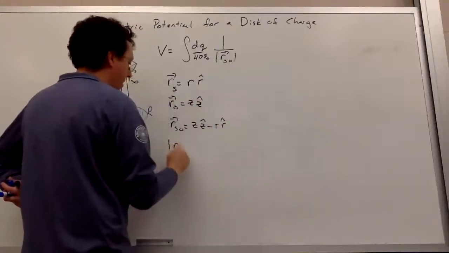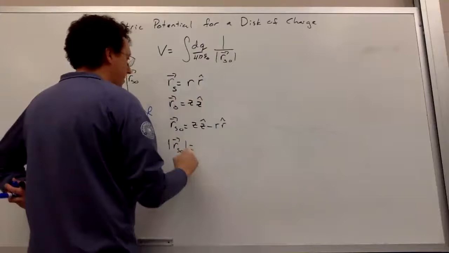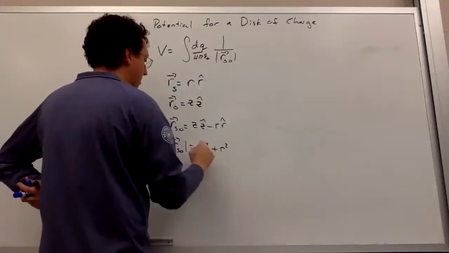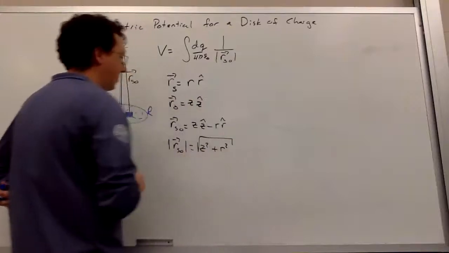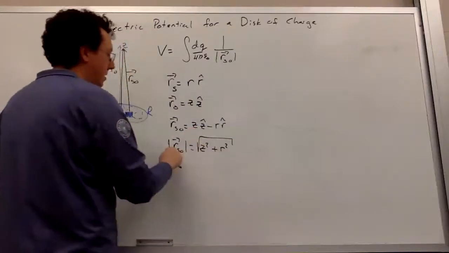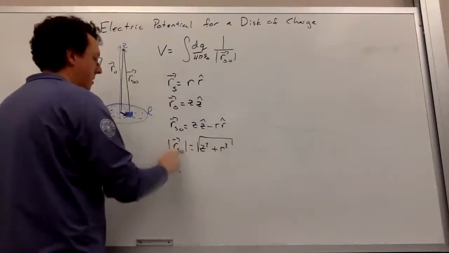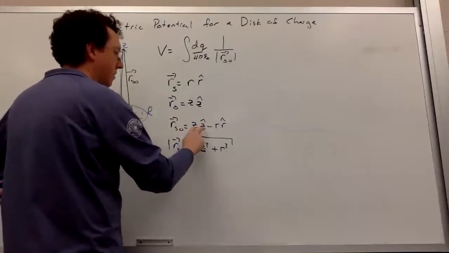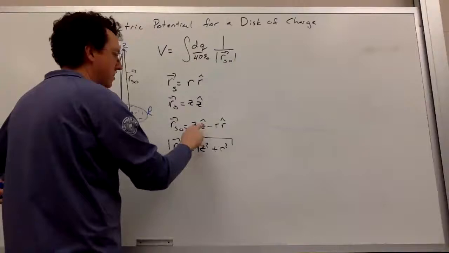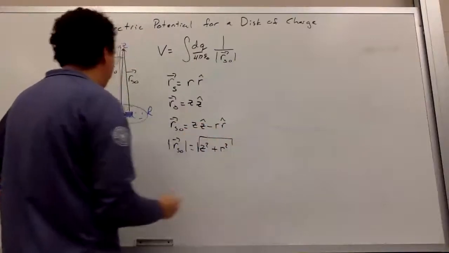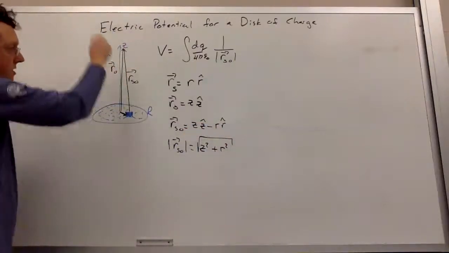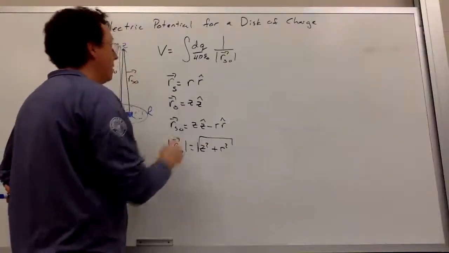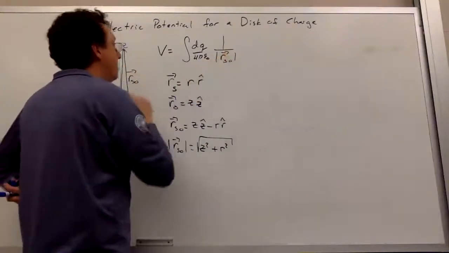The magnitude of r_SO would be the square root of z squared plus r squared. That comes from taking the dot product with itself and then the square root, and the cross term between z hat and r hat gives 0. So that's the final form, the same as what you can find from the picture. That is the denominator.